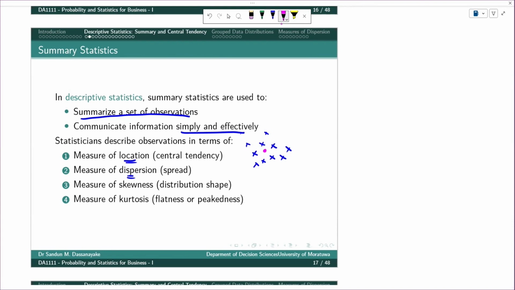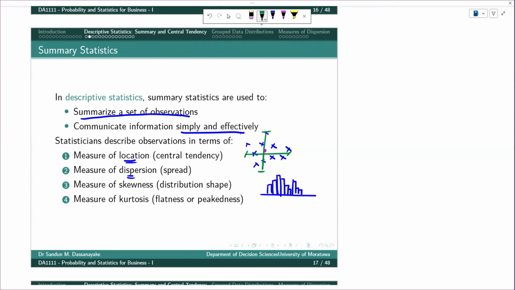Then the spread. If I may use green color, the spread can be this spread, that spread. And also the distribution shape. If you look at the data points from a distribution point of view, you can draw a histogram, a frequency chart like this.